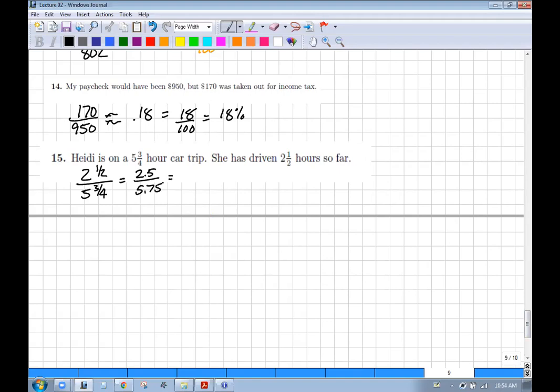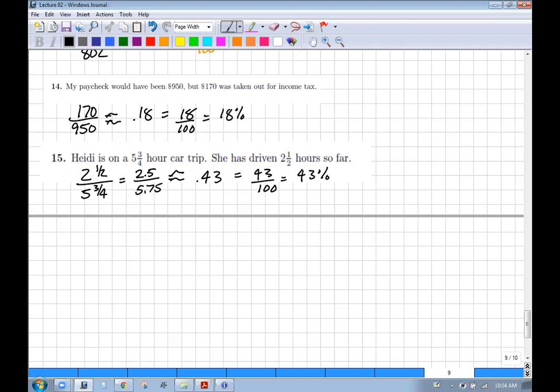If we plug this into our calculator, 2.5 divided by 5.75, I'm getting approximately 0.43, which would be 43 out of 100 or 43%.